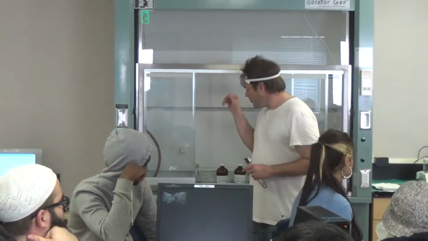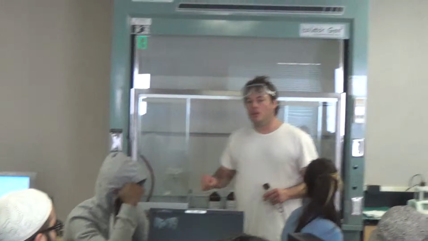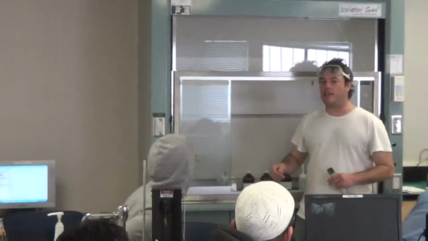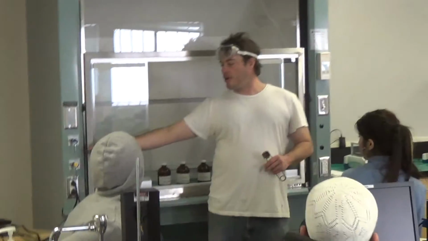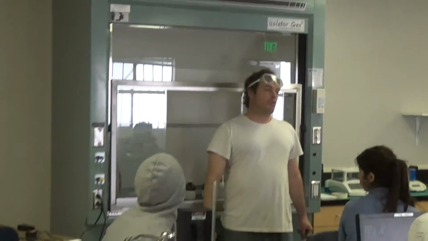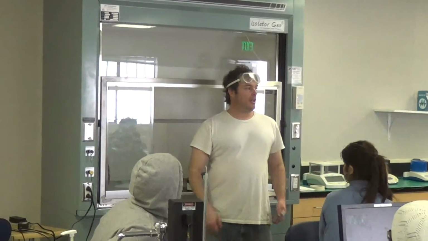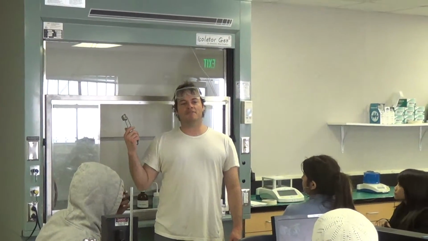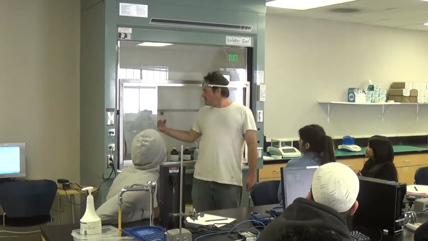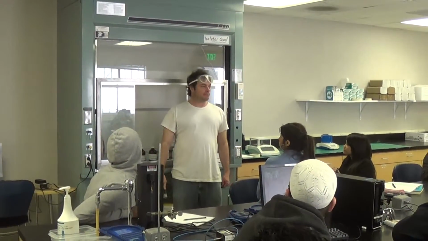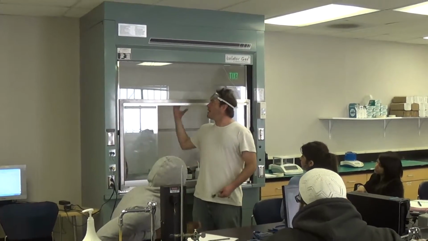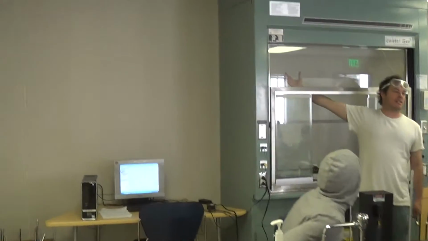All right, so a couple key points. The second I turn this on, gas starts to pour out of that thing. If I were to turn this on and count to 40, 20 even, and then come over with my, what are these things called again? Flints. Thank you. If I were to let this run for a long period of time, or even a short period of time, and then come over with my flint and light it, I might have a whole cloud of gas sitting inside this thing.